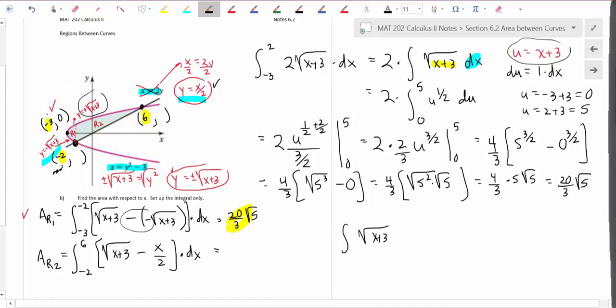When we did this integral right here, our u integral ended up being u to the 1/2. Like that, and then that is u to the 3/2 over 3/2, so that is 2/3 u to the 3/2, and then you can plug back in u, and u is x plus 3, to the 3/2.